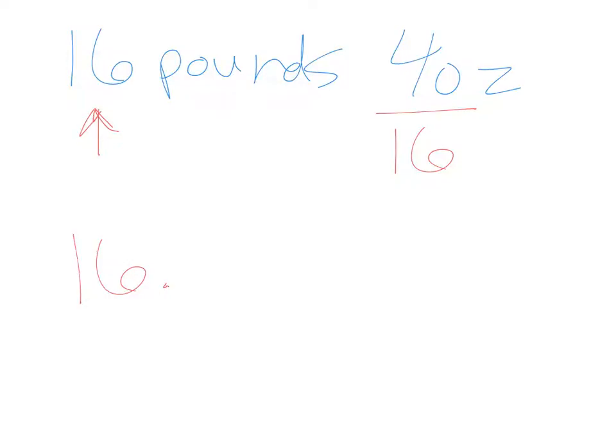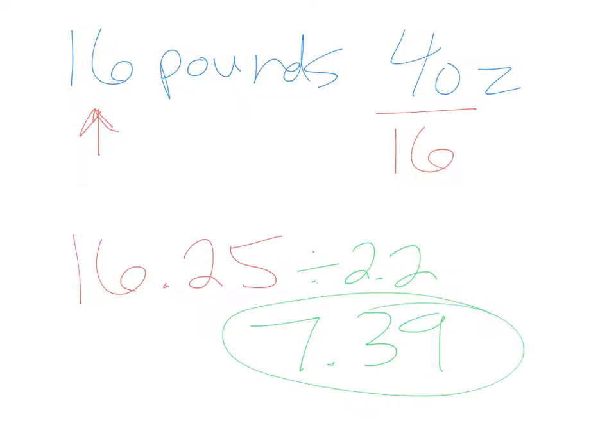Let's turn that fraction into a decimal. 4 divided by 16 gives me 0.25. So this particular patient is 16.25 pounds. It's that number I'm going to divide by 2.2 to convert to kilograms. So 16.25 divided by 2.2 gives me 7.39 in that example.